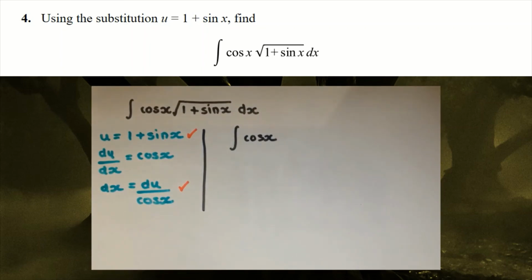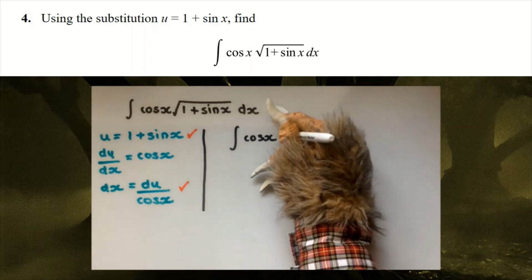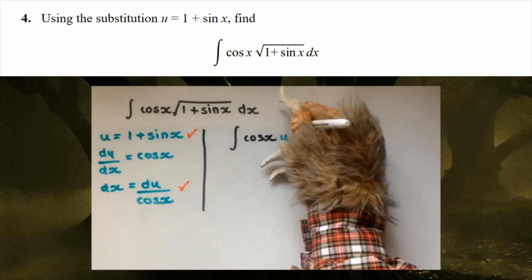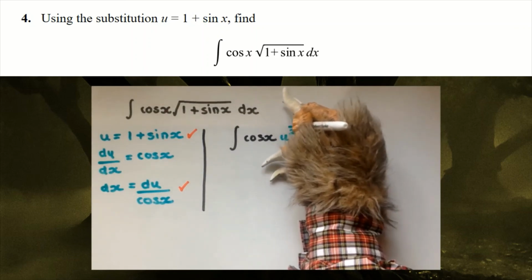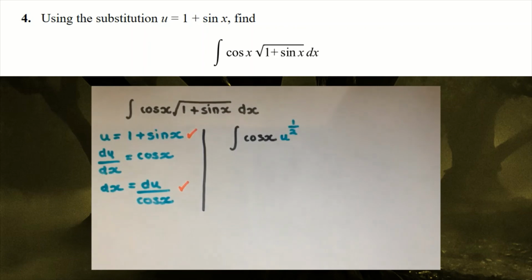We're not going to replace it with du by dx. We have u square rooted, so I'm going to write that as u to the power 1/2. Please don't forget that u is raised to the power 1/2. Very important, don't just put u in. And then dx is replaced by du over cos x.